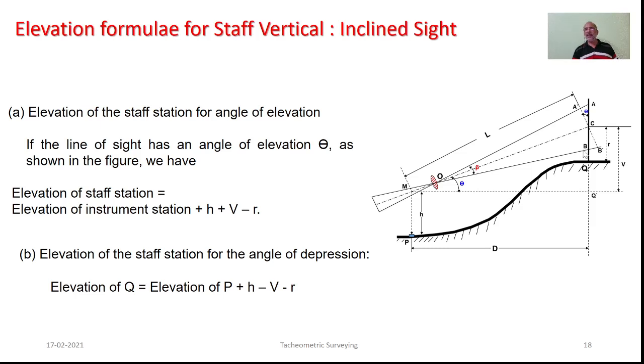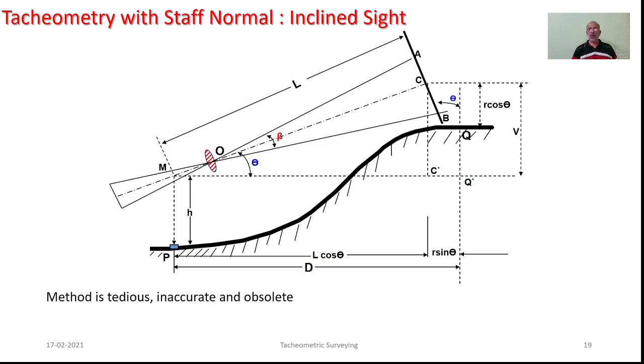If the line of sight is in depression, this expression will attain the form elevation of P plus H minus V minus R. So, the discussion that we had till now is pertaining to the fixed hair method of tacheometry, in which the staff is expected to be held in vertical manner.